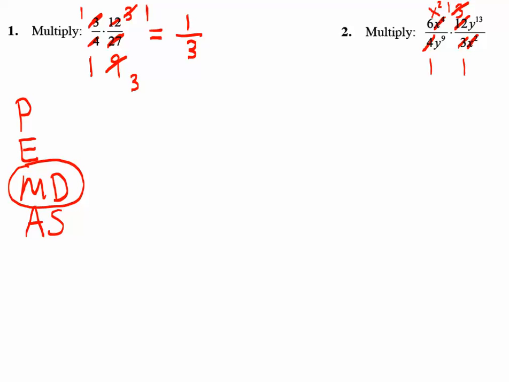And let's see, I got y to the 13 on top, y to the 9 on the bottom. What's going to happen, anybody? You got a y to the 4th, right? There's 4 more on top than on the bottom, so y to the 4th. Hey, notice everything on the bottom just became a 1. If everything becomes a 1, that means you don't have a fraction anymore, you have a whole number here. So let's multiply everything on top. How about a 6 x squared y to the 4th?